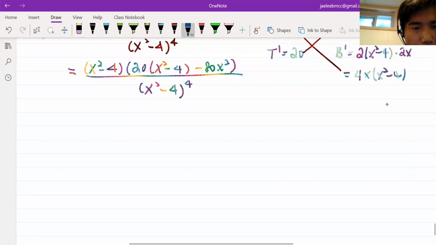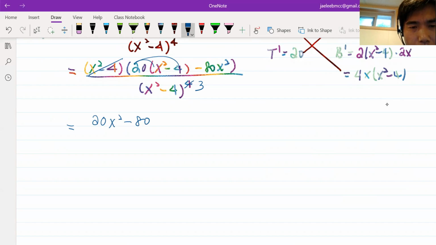Then this becomes 20x² − 80 − 80x² over (x² − 4) to the third power.